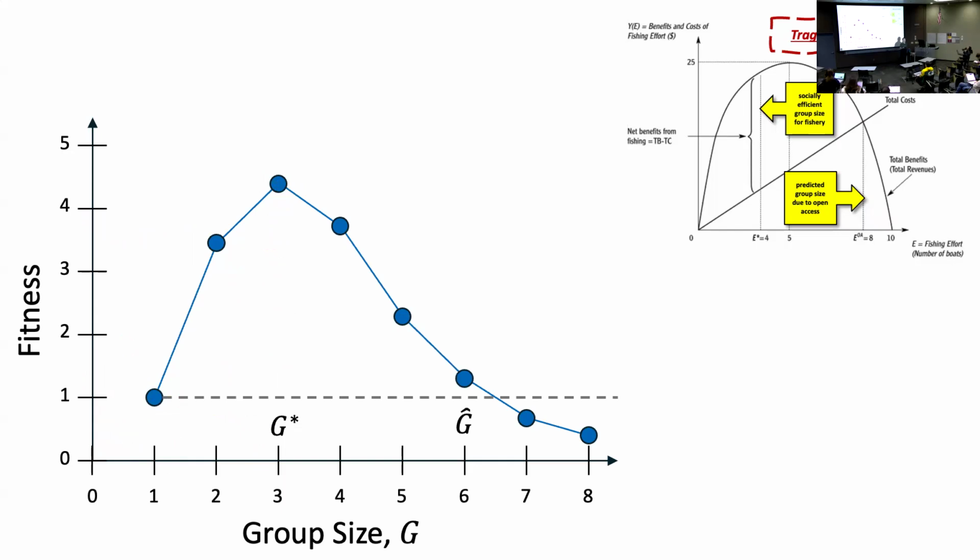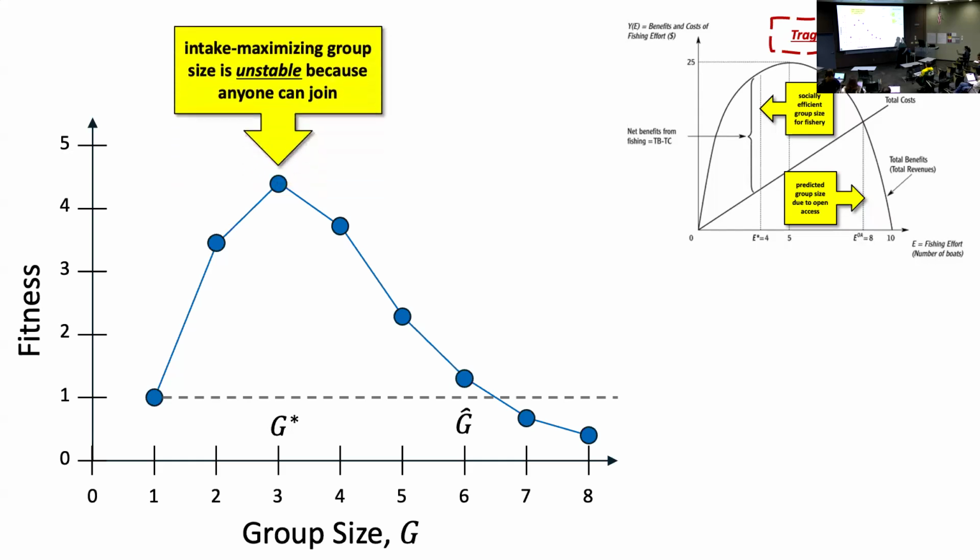And so people said, well, shouldn't we expect to see groups of G star size out in nature? And what people would find is that usually the group sizes were much larger than G star. People realized, once they started doing a little more math and measuring things, that individuals kept joining for the reason just mentioned: even though it's not optimal to be at 4, 5, 6 individuals in this group, it's better than going alone.